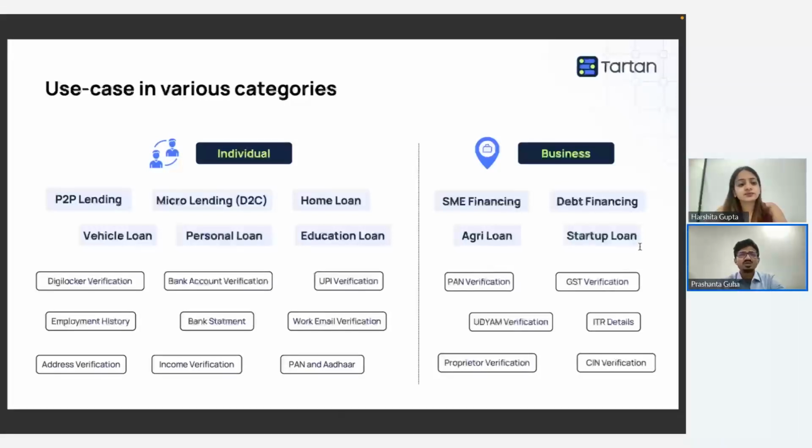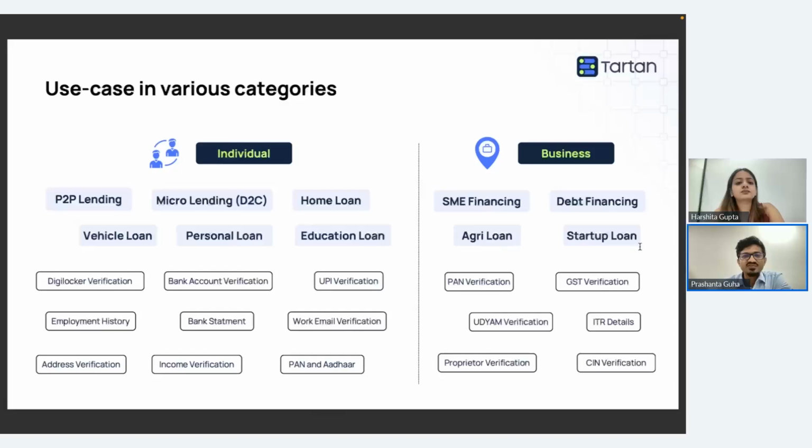So, what are the different categories where our APIs can be helpful? Say for an individual, when you're just onboarding them, we can pre-fill a lot of data using, say, your PAN number or your mobile number. Also, we can use these APIs to verify the data that the user adds. There could be all kinds of ID verification that we can do.